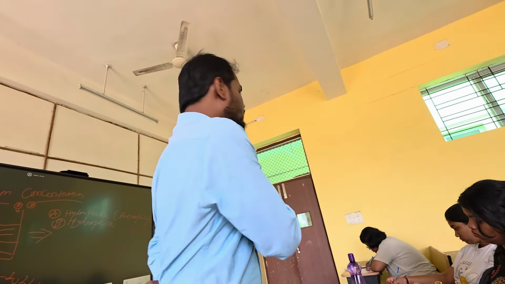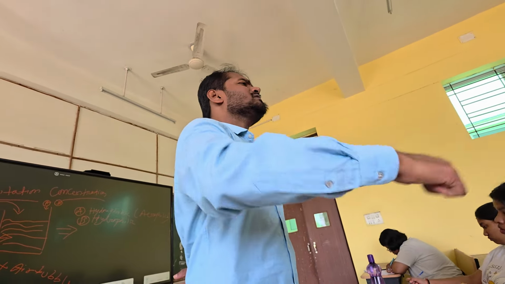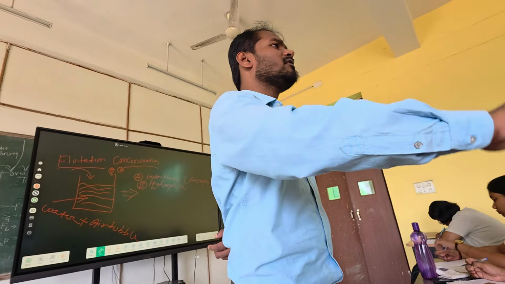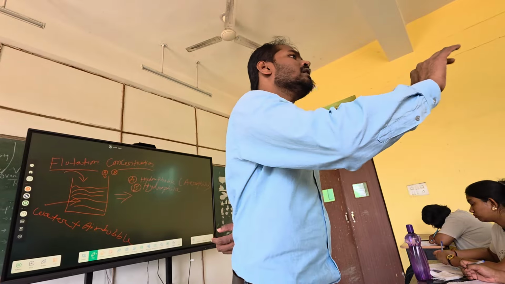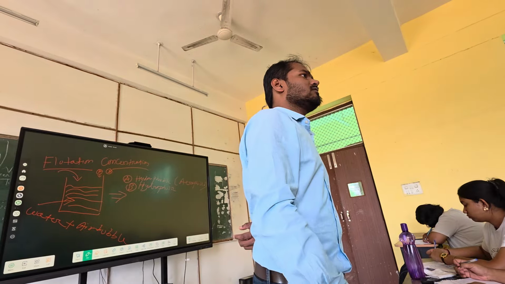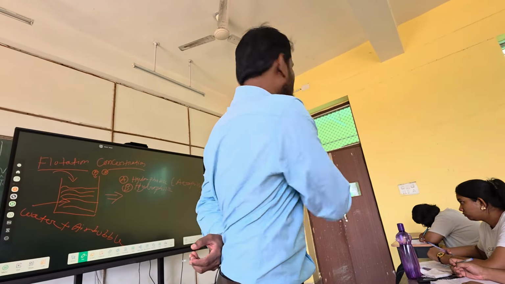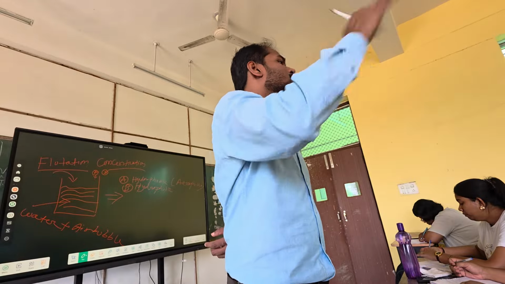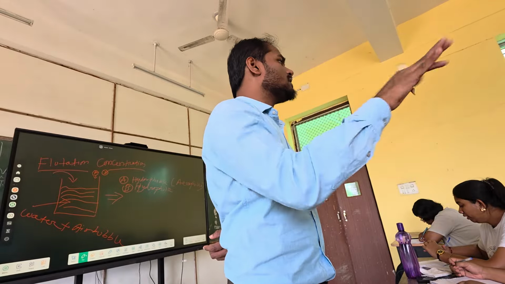See, what is the meaning of hydrophilic? Hydrophilic means water loving. They have love towards water, so they will try to stay in the water itself. Aerophilic or hydrophobic basically means they will repel away from the water. They don't want to stay in the water.